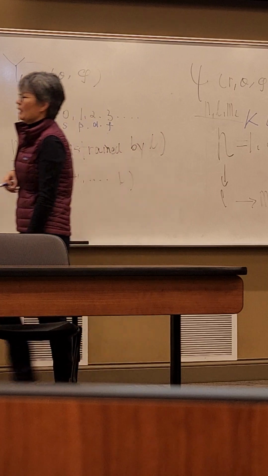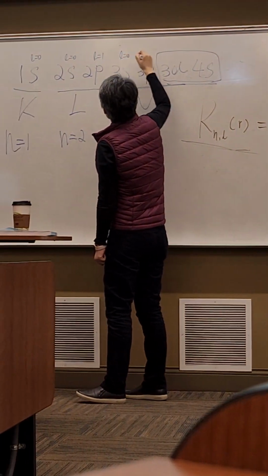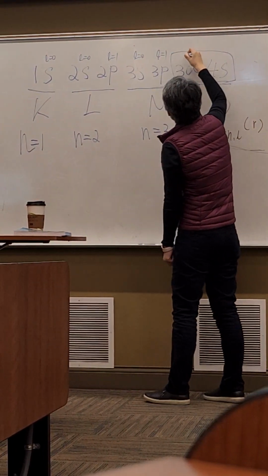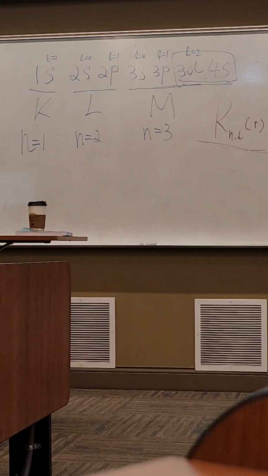So if you take a look at it, s is L equal to 0, p is L equal to 1, and then d is L equal to 2. Are you guys following me okay?